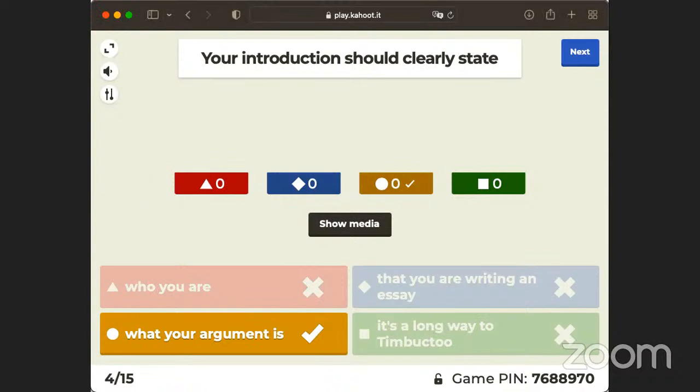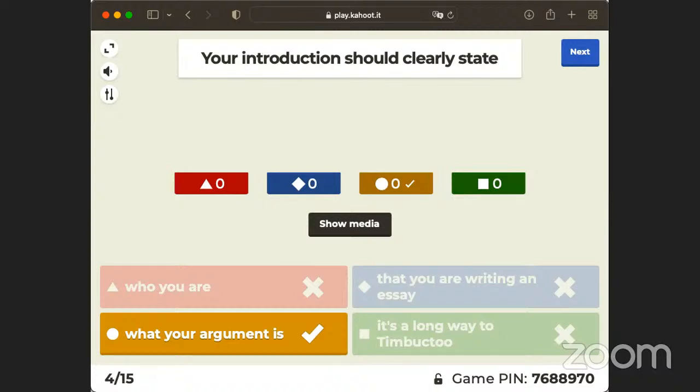All right, so the introduction, like we mentioned before, is a paragraph which is going to state your opinion about this topic. It should introduce a hook, something interesting for the reader to get interested in reading your story or your essay.